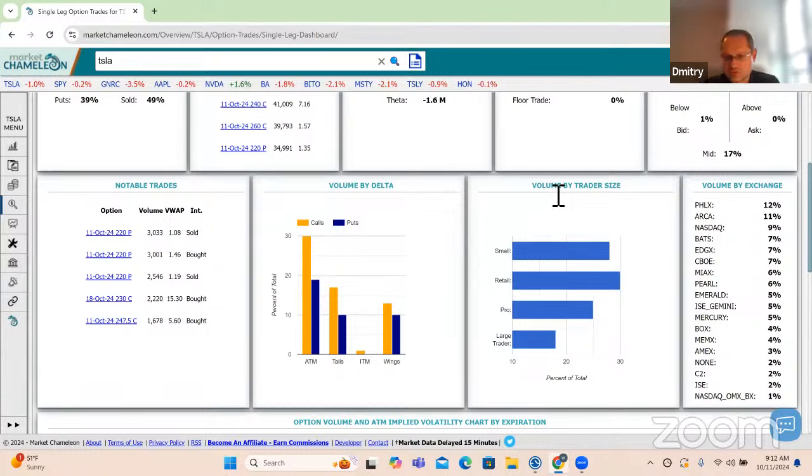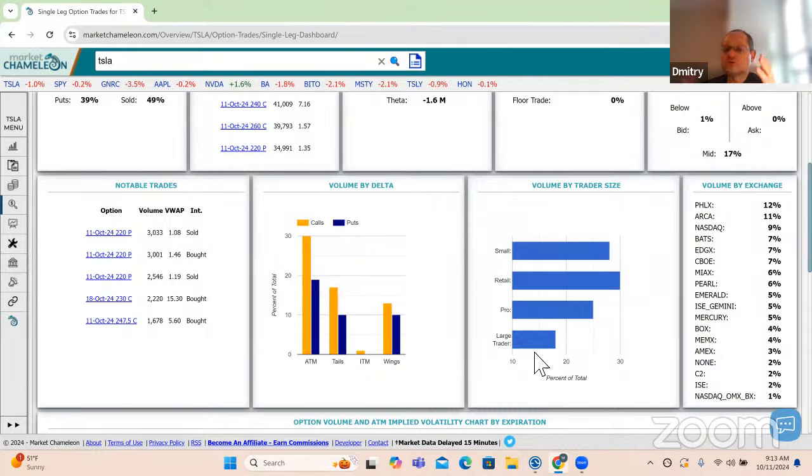What does it look like? Does it look like a small retail trader? Does it look like a retail trader, not so small, but not big enough to say that this is definitely a professional, proficient trader that needs more approval? And then you have the large trader, a sizable trade that you don't typically see in an options market. So this is the breakdown.